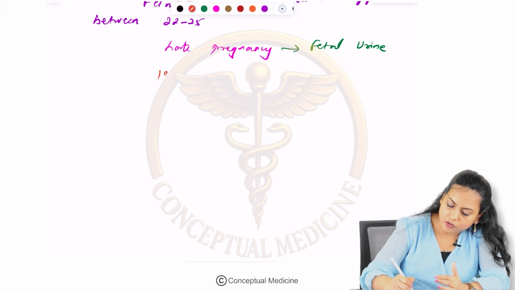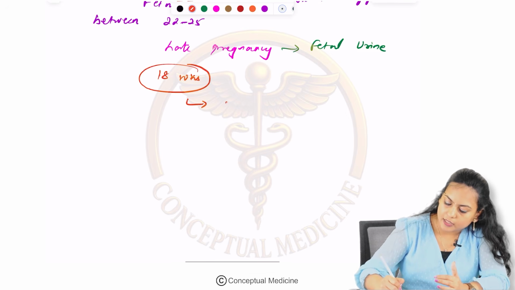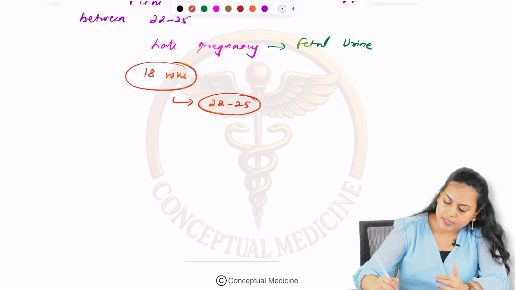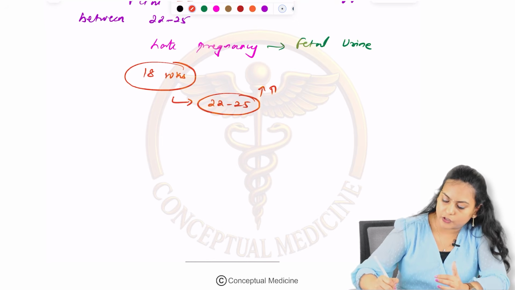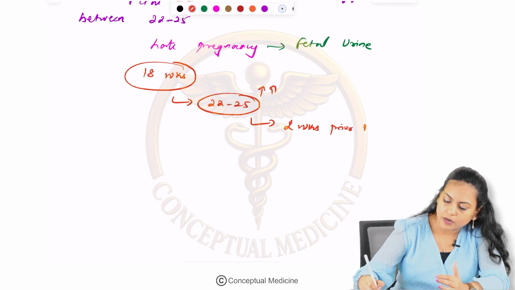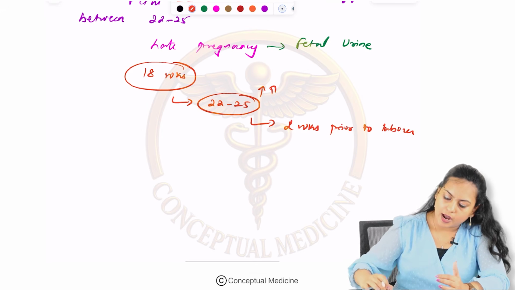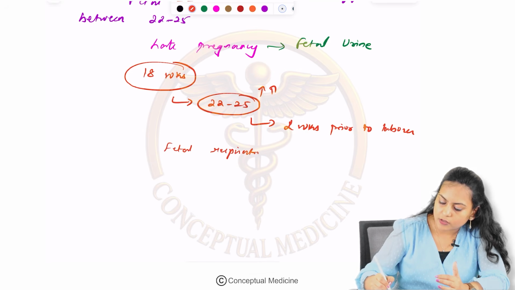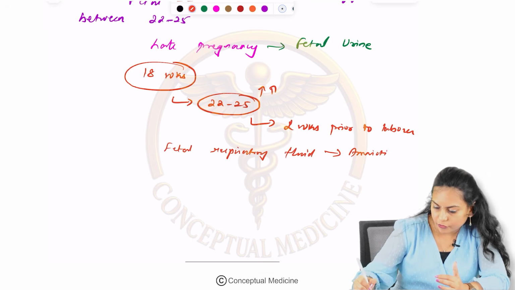Fetal urine is seen to contribute to the amniotic fluid from 18 weeks itself. By 22 to 25 weeks, as fetal keratinization happens, fetal urine is the main source. Fetal urine starts reducing just 2 weeks prior to labor. Also, during late pregnancy, fetal respiratory fluid contributes some amount of amniotic fluid.